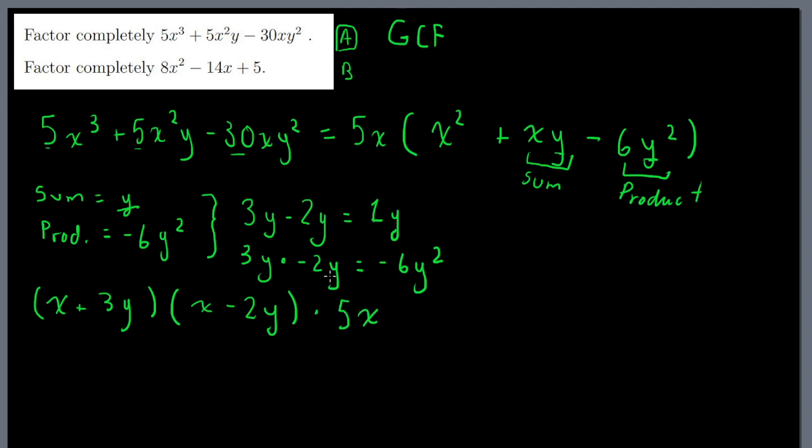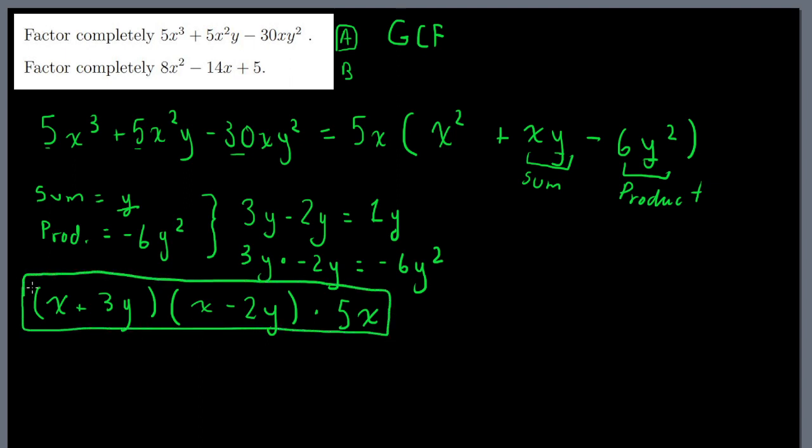So this right here is your final answer. Now you guys see how these are my two factors, x plus 3y and x minus 2y, and don't forget that 5x. The hard part here, guys, is to understand that it's just like saying a number like x squared plus x minus 6. It's the same thing, but we're adding a y here. That's why you're supposed to add the y inside these brackets.